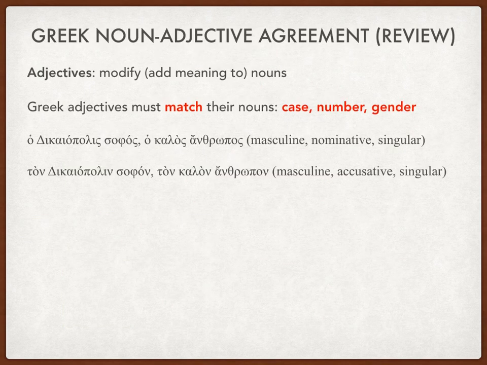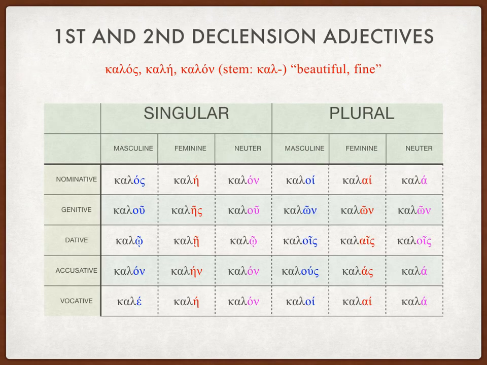Okay, so case in point, this is just like with adjectives. So we saw this chart before with words like ho dikaios sophos versus ton dikaion sophon. Articles, adjectives, and nouns always have to agree on those three qualities: case, number, gender. Okay, so what typically you're going to see for an adjective is a chart like this one, because I want to be able to describe anything as, for example, beautiful or fine, maybe I'm talking about a man, a woman, a child, a thing, a rock I saw somewhere, a swan, who knows what the case may be.